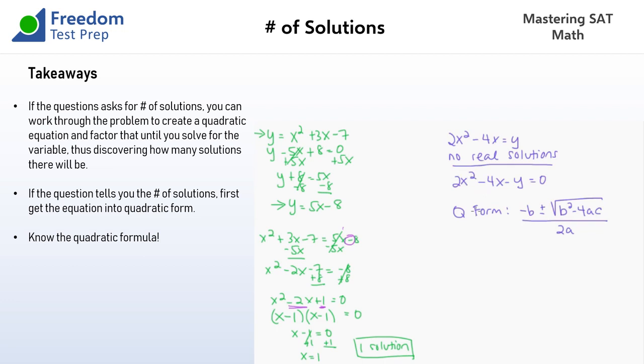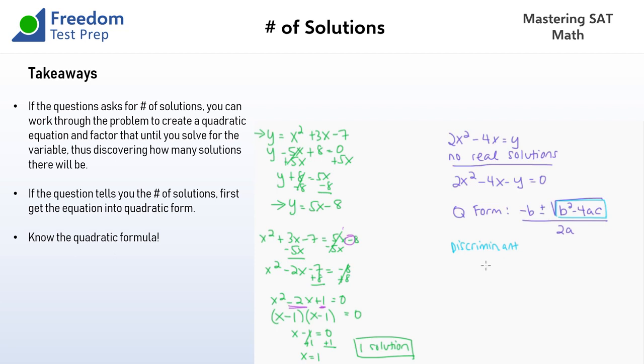You don't need to actually figure this whole thing out for this problem. The only part you're interested in is the b squared minus 4ac. That is called the discriminant. I'll write it out. Now, it's okay if you don't remember the word, but you should remember the b squared minus 4ac because there are some rules.